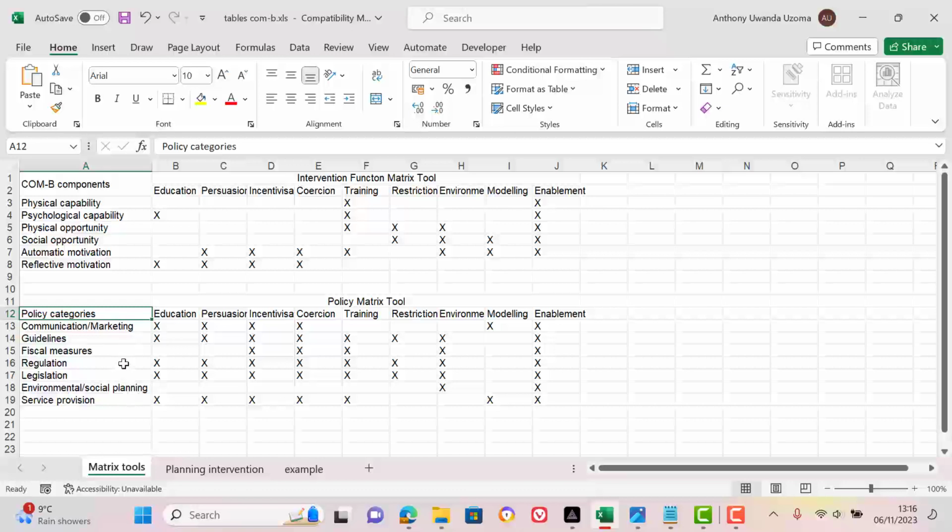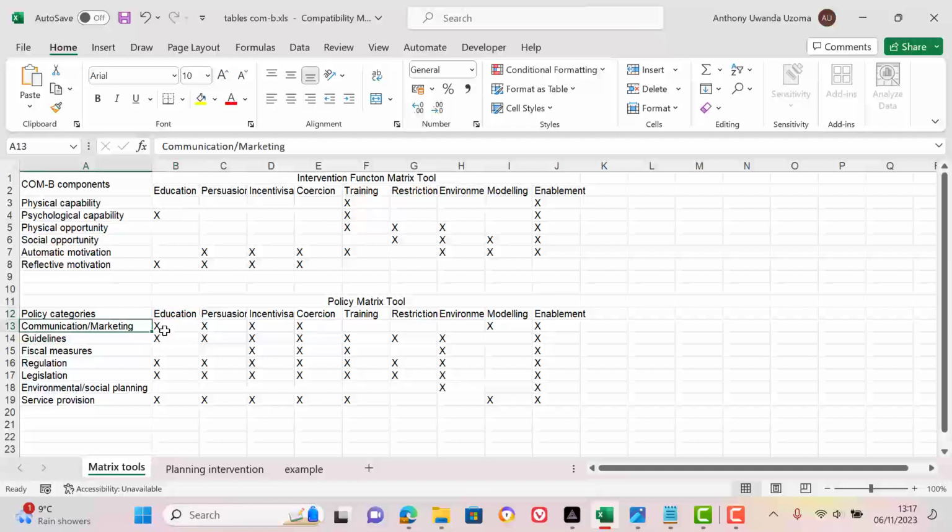Since the problem is lack of knowledge, and I am using education as a tool, which policy category falls under education?